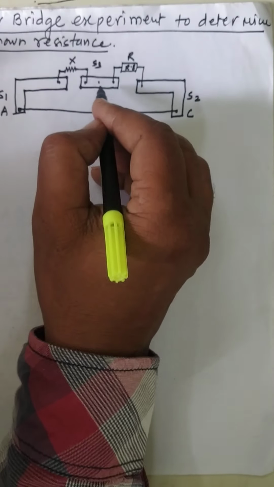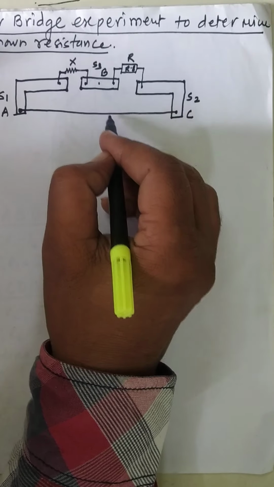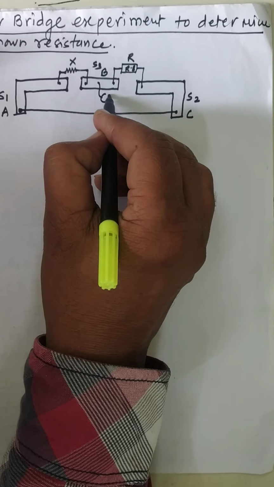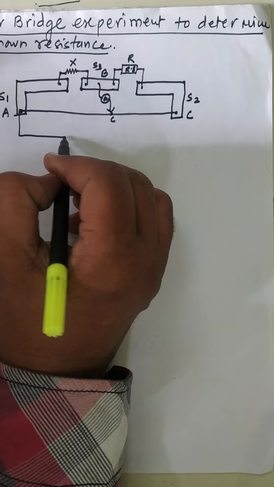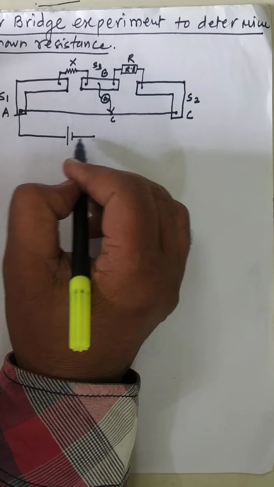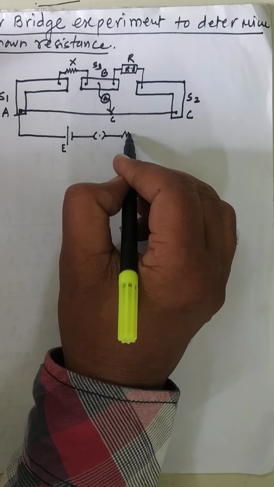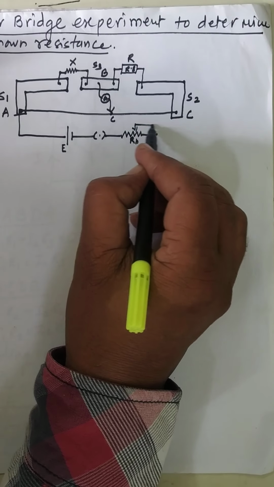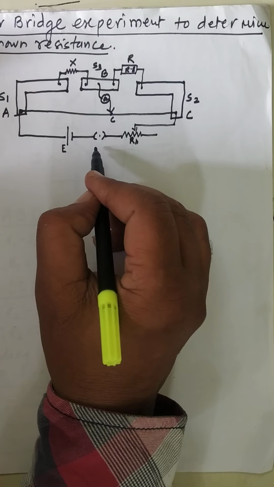Between the point B and C, a galvanometer and a jockey is connected. And between the points A and C, a cell of EMF E, a plug key K, and a rheostat RH are connected in series.